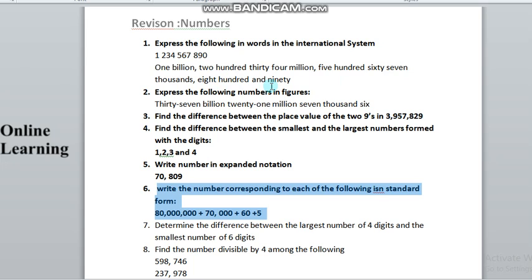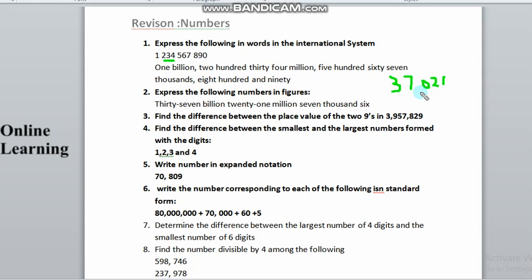Next is express the following number in figures. Now they have a question in words, you have to write it in numbers. They said 37 billion, that means we have 37, then 21 million. In million basically we have 3 digits, but they said 21 million, so first digit 0 and 21, then 7006.